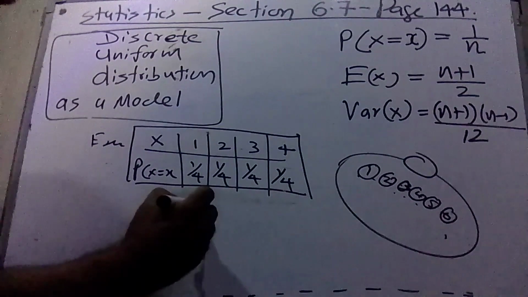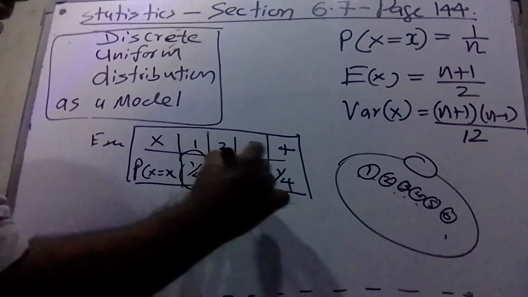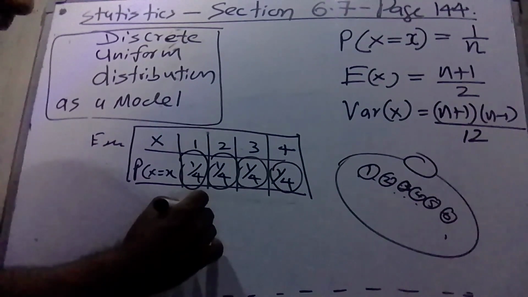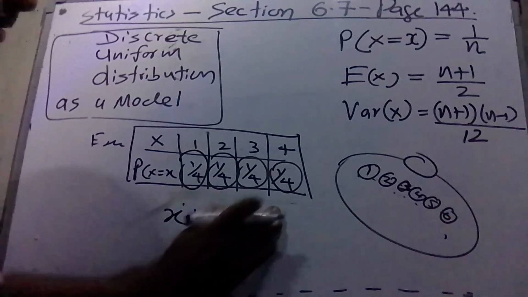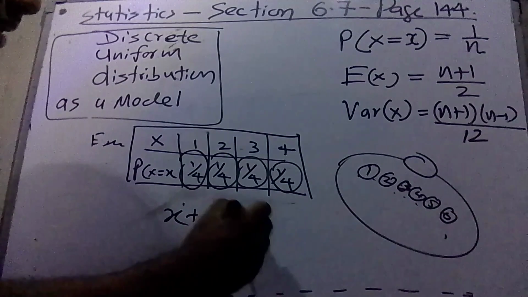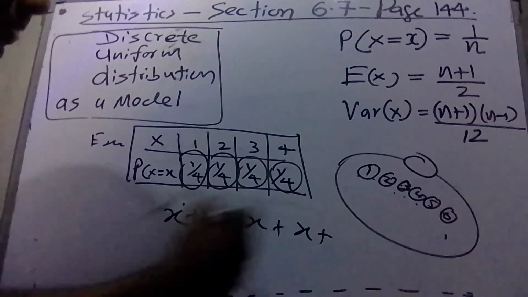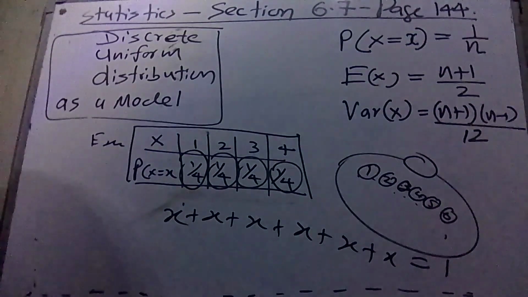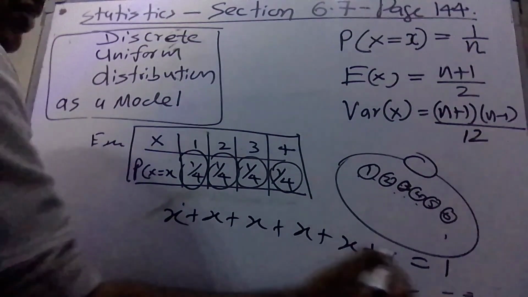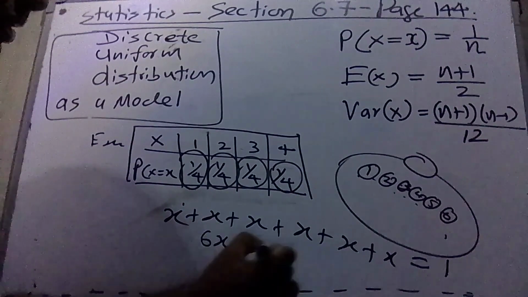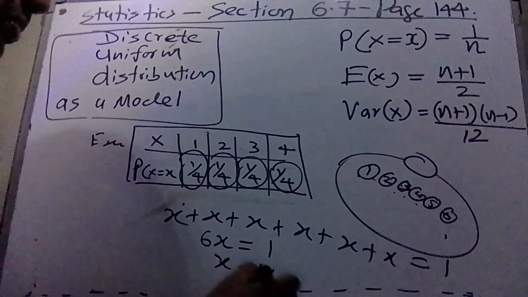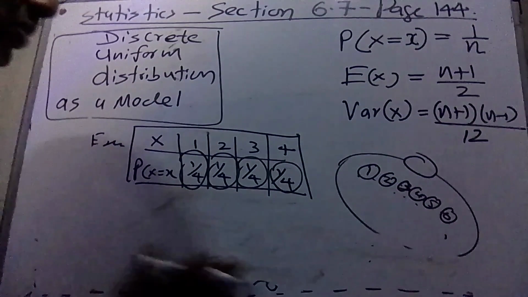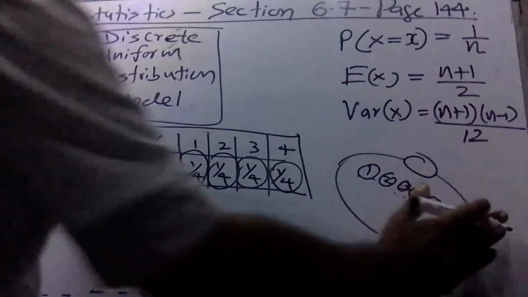So if each probability is x, then x plus x plus x plus x plus x plus x, six terms, should be 1. So 6x is equal to 1, x is equal to 1 over 6. Simple as that, if there are only 6 outputs. If there are n, it would be n.